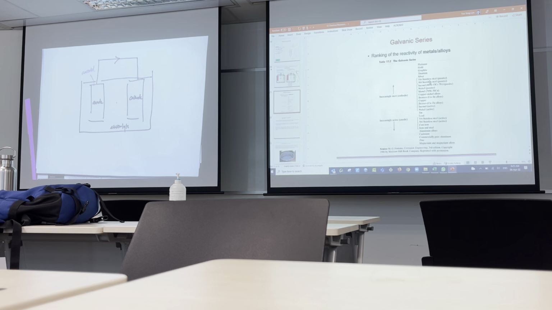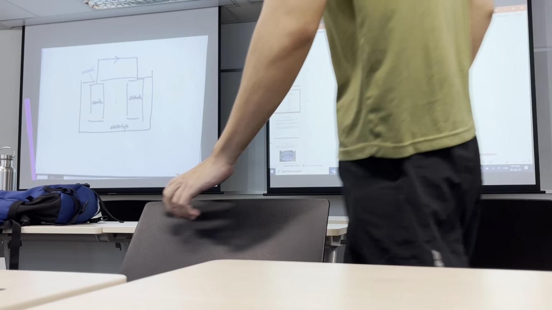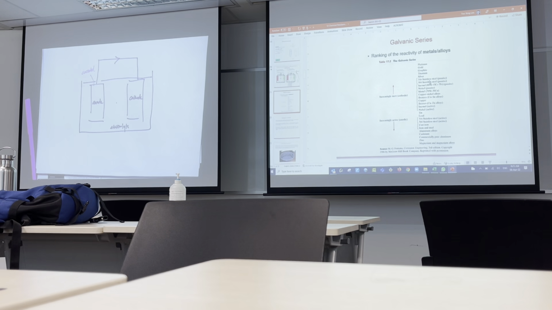And when they form the oxide, the oxide is highly protective. The oxide is protective to prevent the layer below from getting more oxidation. And one of the key things about this particular oxide is that it is adherent. It sticks very well. So you try to scratch it, and it still stays there. Because of this, it has a natural protection layer. When you have that, it means passive.